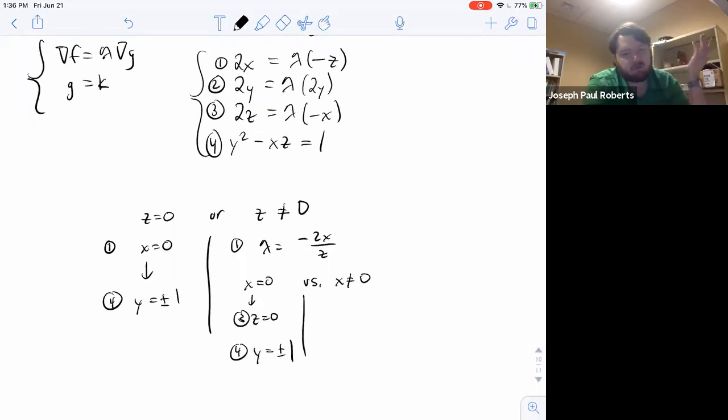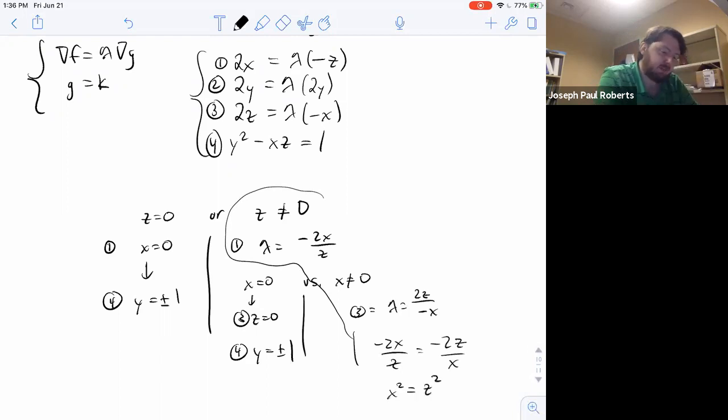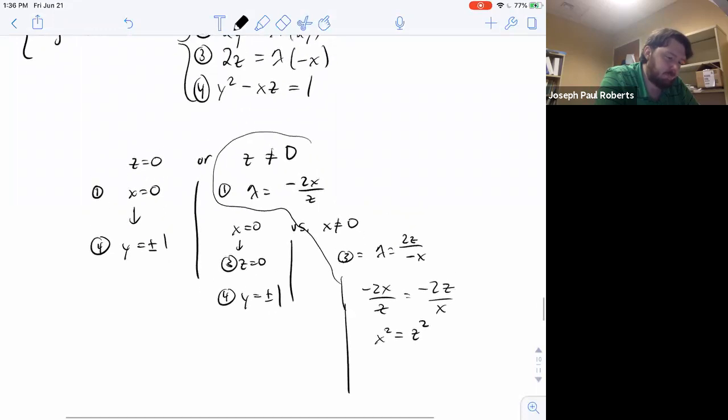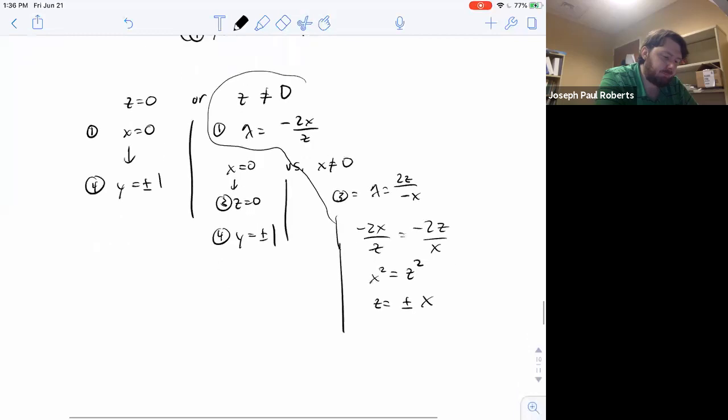So if either x or z is 0, it forces the other to be 0, which forces y to be plus or minus 1. So let's see what happens if both are non-zero. If x is non-zero, then equation 3 tells me that lambda is 2z over minus x. If I put these together, I get that minus 2x over z is minus 2z over x. So x squared is z squared, and so z is plus or minus x.